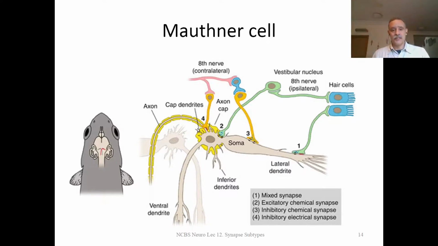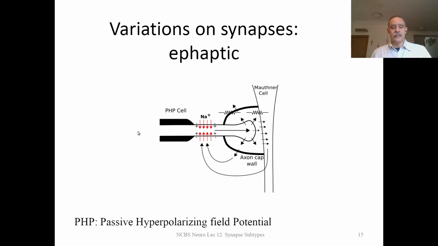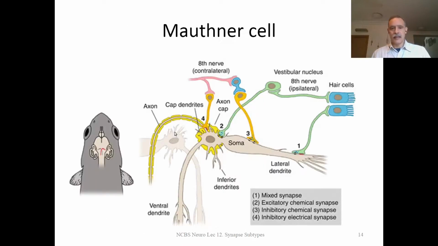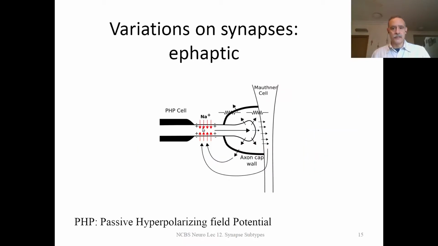So this is the synapse we're talking about, number 4 over here, where you have a nerve which regulates the transmission of information down this axon. Here is your PHP cell axon, the one over here. It comes along, and there's a small region where you have the bare axon, not myelinated.